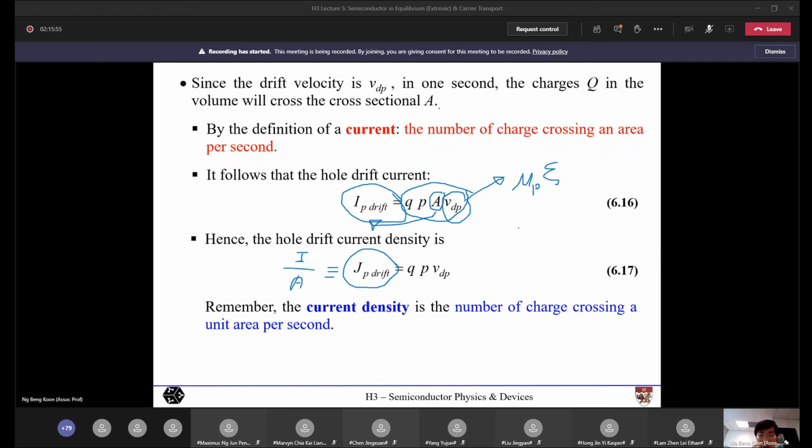If you put in the velocity expression in terms of electric field, you get the drift current density as Q multiplied by p, then the mobility, followed by the electric field. So we find that the drift current density is a product of the hole concentration, the mobility, and the electric field present in the semiconductor. This is called the hole drift current density in the semiconductor.